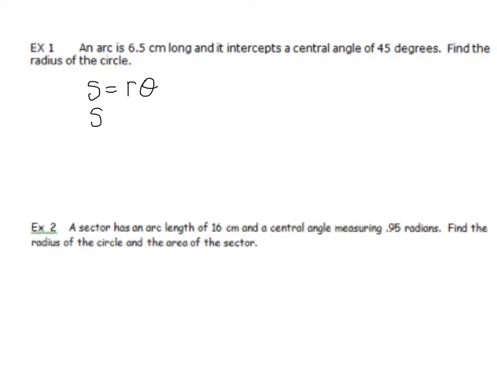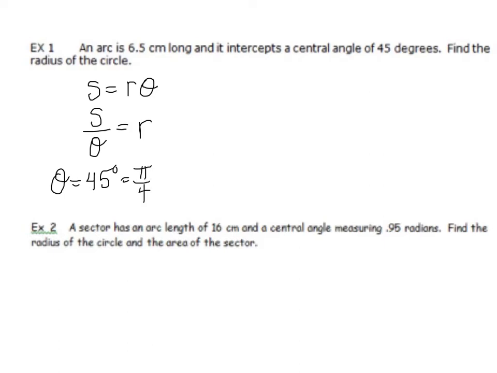So I know I'm going to have s divided by theta in radians is going to equal the radius, and that's what I'm trying to find. All right, further, it says that the angle is 45 degrees. Well, I can't use 45 degrees. I have to change that to radians. Now, if you just happen to remember what that is from the unit circle, that is pi over 4.